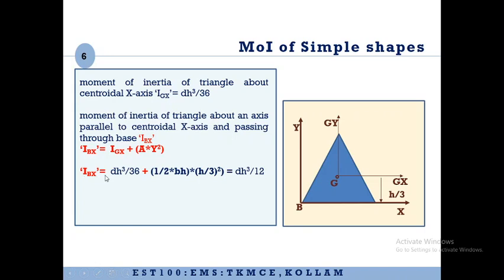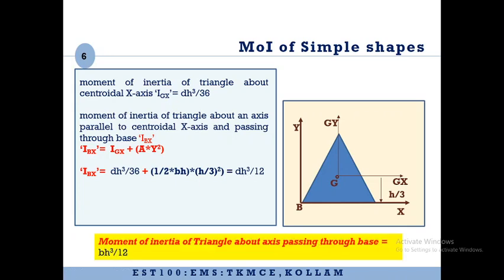So Ibx is equal to b into h cube divided by 36 plus half bh, this is the area, into h by 3 the whole square, is equal to b into h cube divided by 12. Therefore, moment of inertia of a triangle about an axis passing through the base is b into h cube divided by 12.